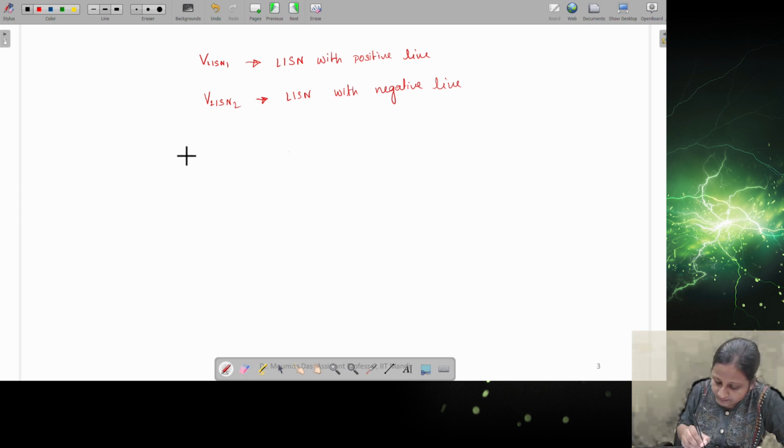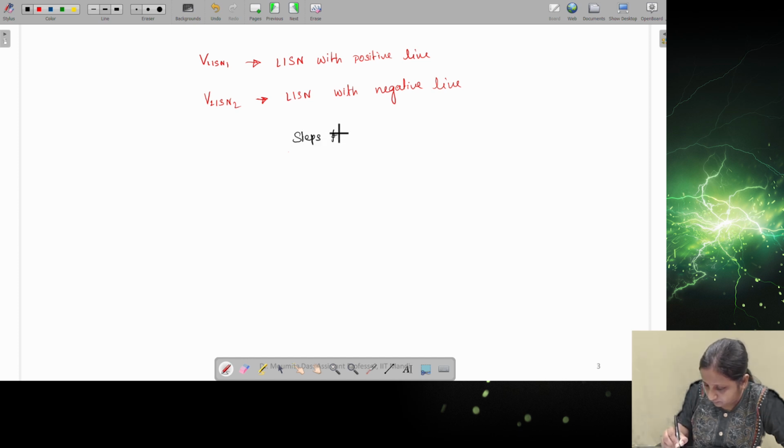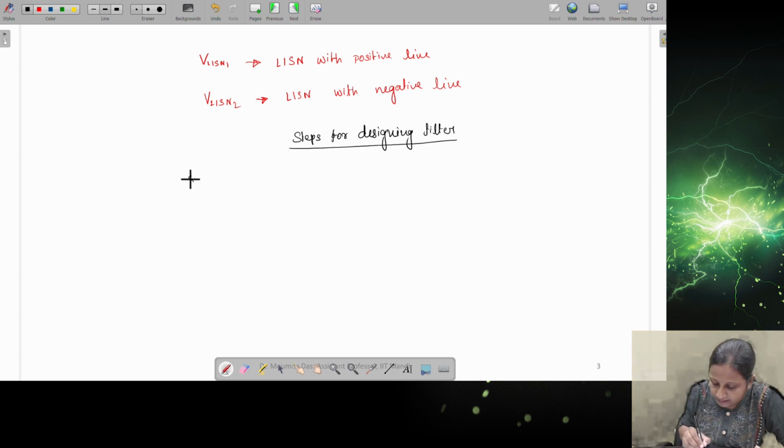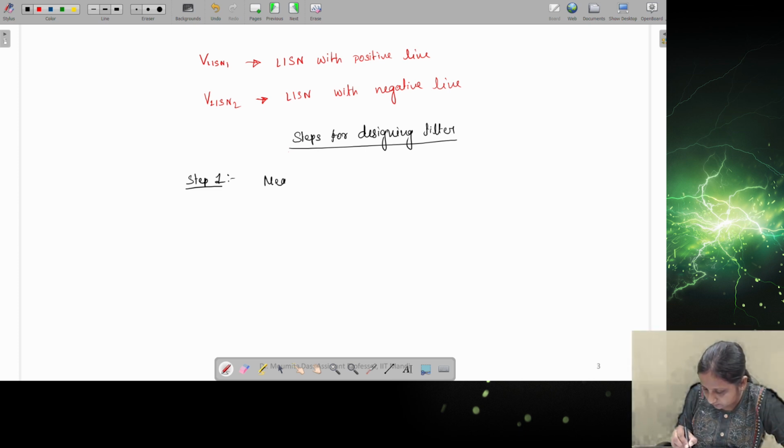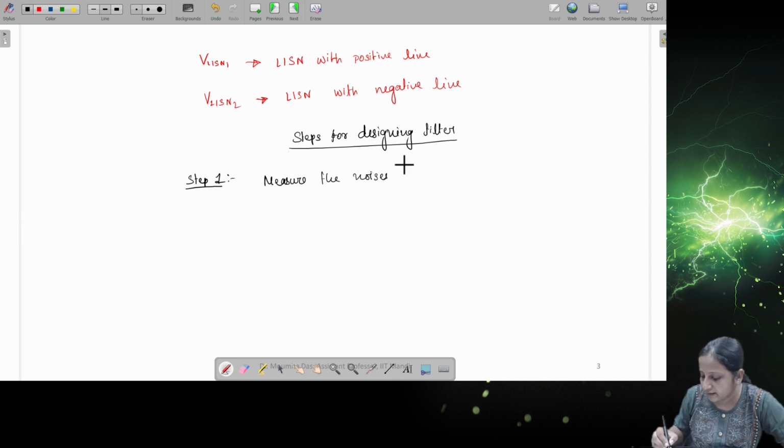So if I write the steps for designing a filter, Step 1 is that we need to measure the noises by connecting LISN.